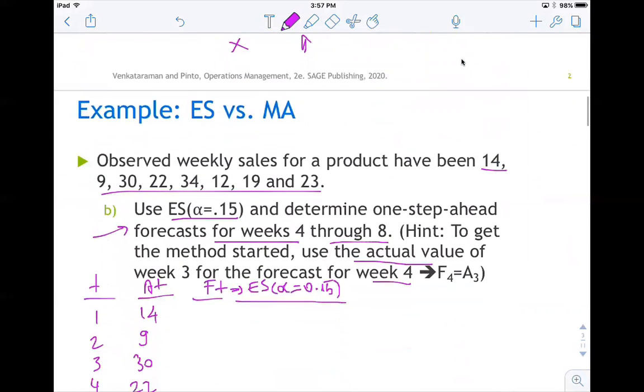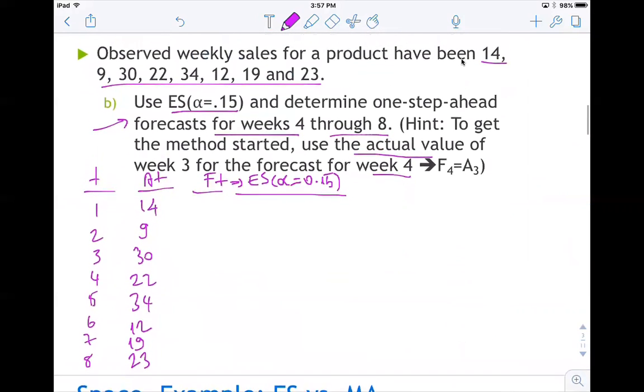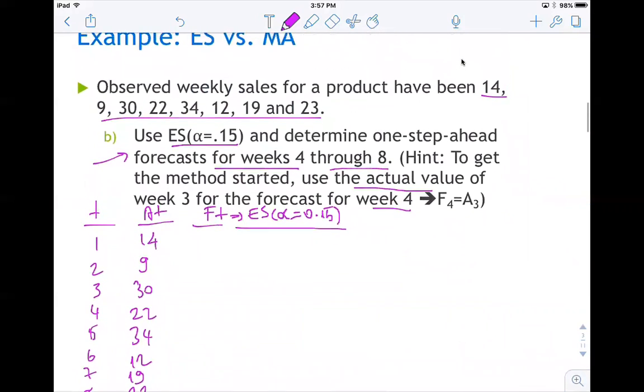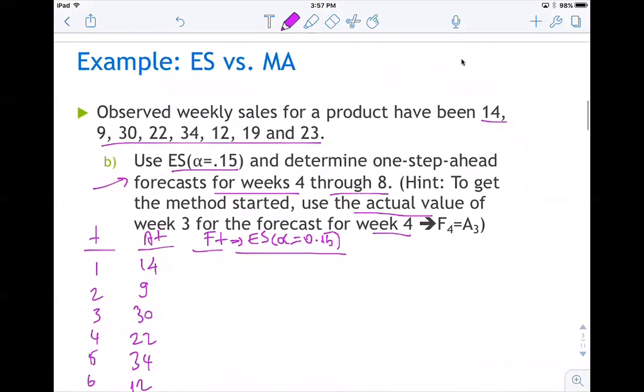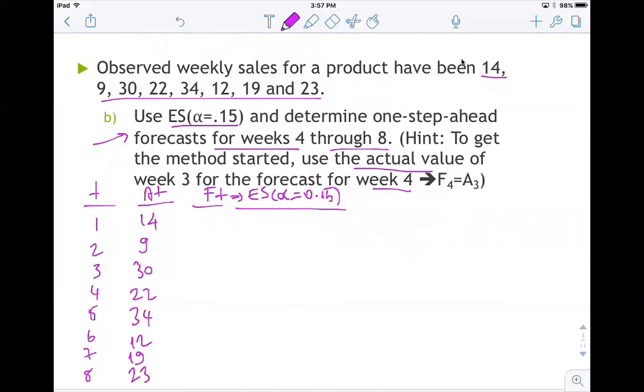So we will see this in action, to see how important it is to have an important triggering, important starting point. And this time it is going to be starting at week 4.